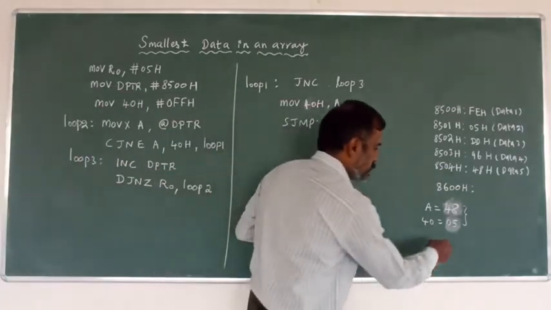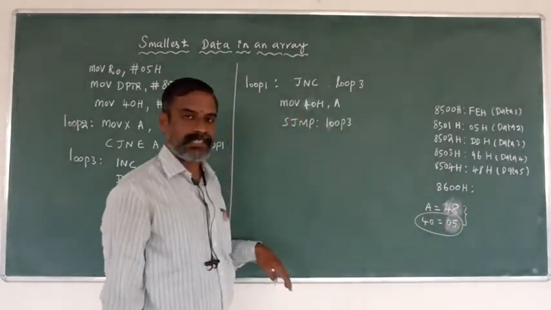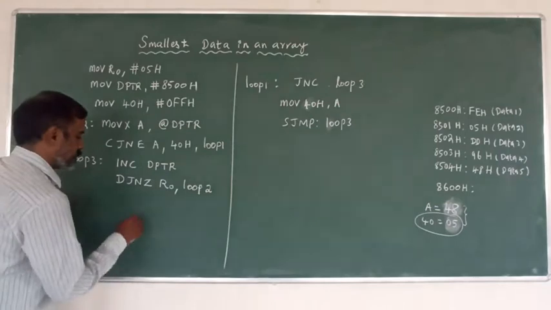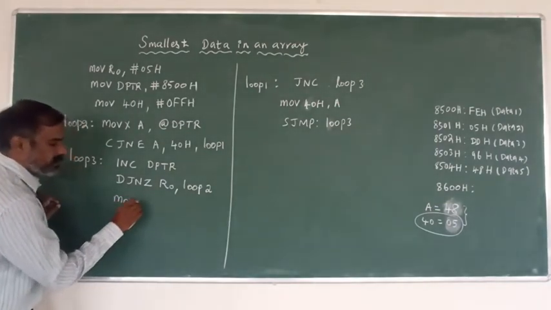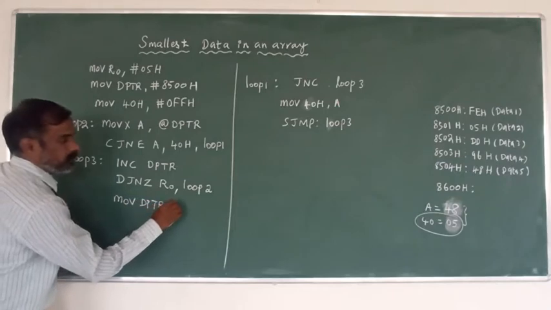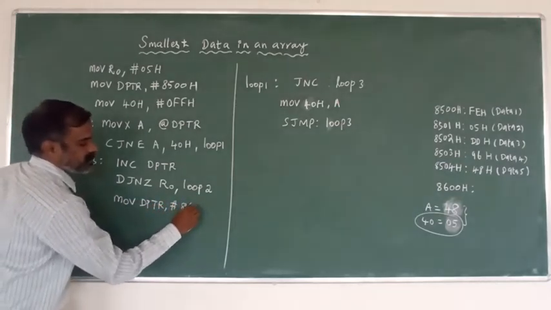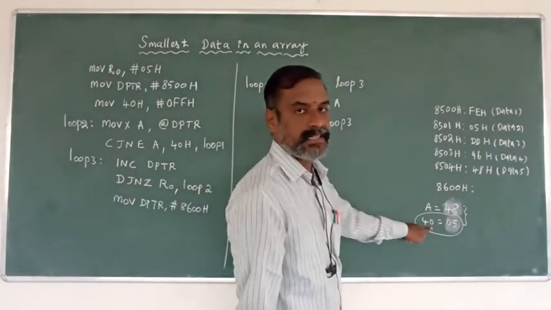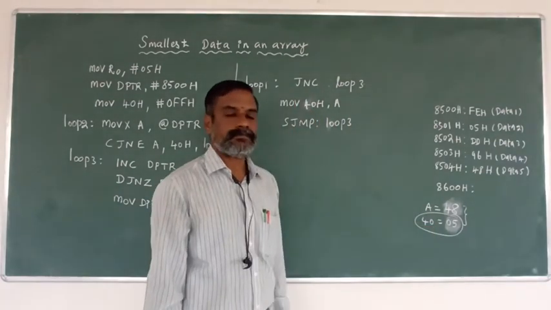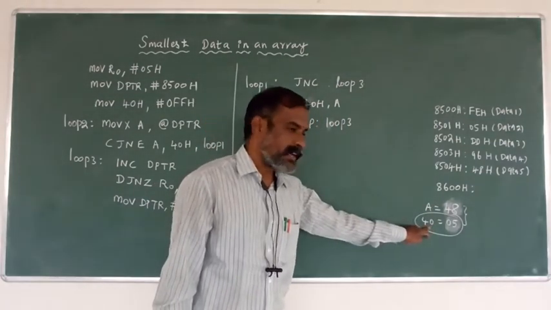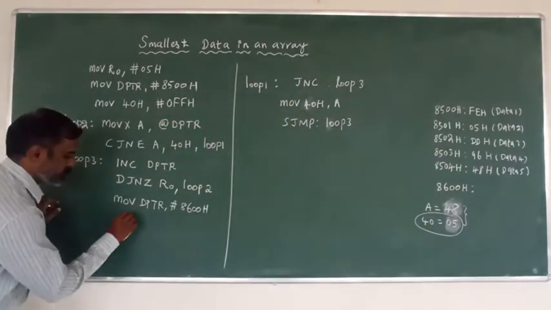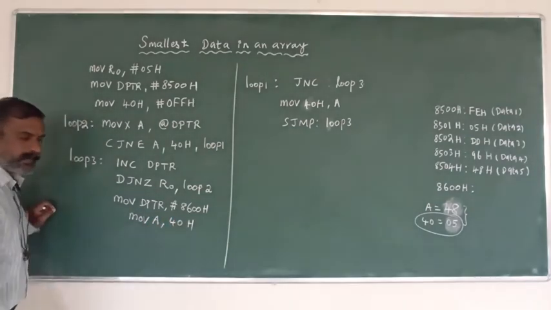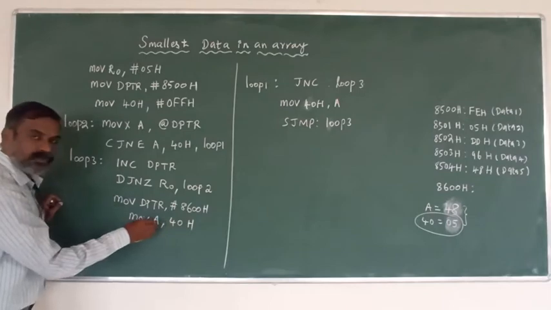Here the smallest data is available in 40H. First we have to initialize the data pointer address: MOV DPTR, #8600H. Okay, the smallest data available is in 40H. First we have to move the internal memory address data to the accumulator. For that we can use MOV A, 40H. Okay, the 40H address data is moved to the accumulator.